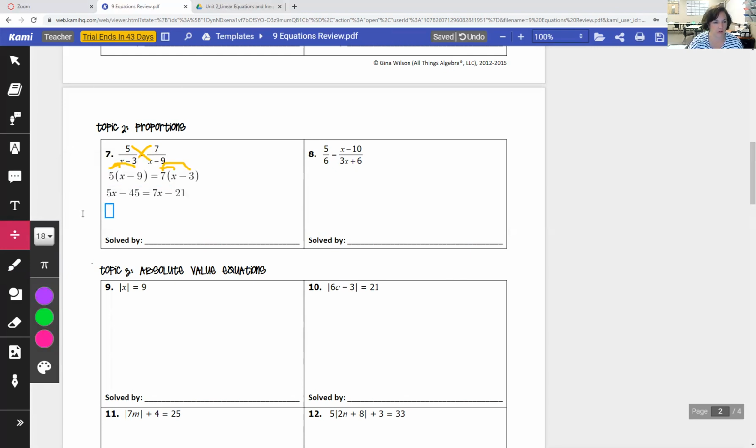Now I'm going to get my variables together. So I'm going to subtract 5x from both sides. That means I get negative 45 equals 7x minus 5x, which is 2x, minus 21. Okay, and now I will add my constants.